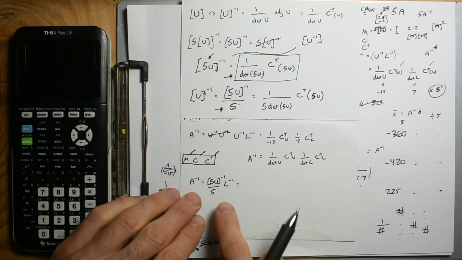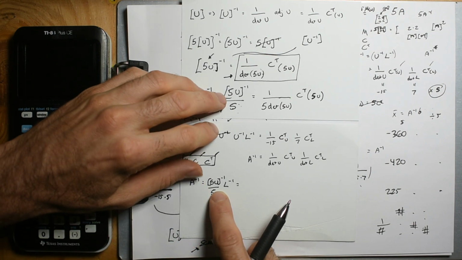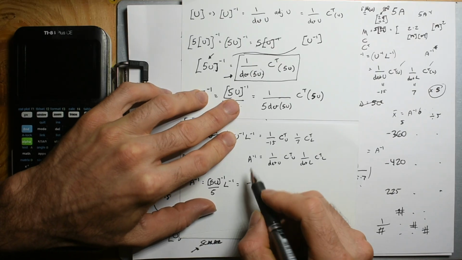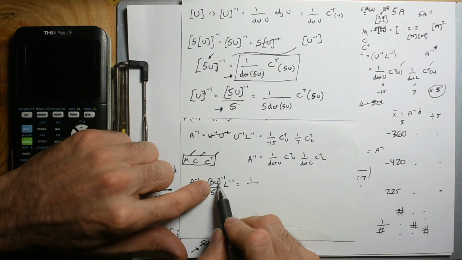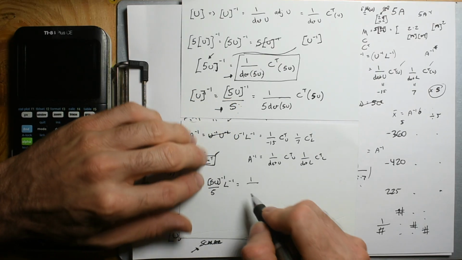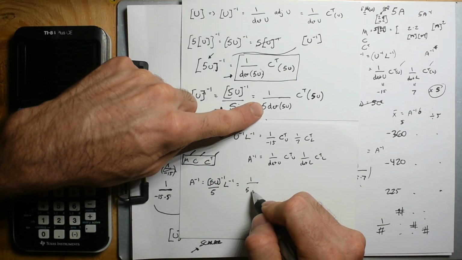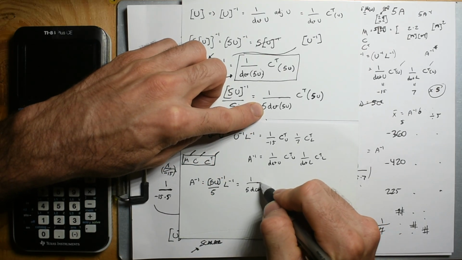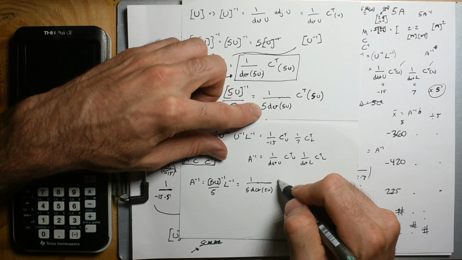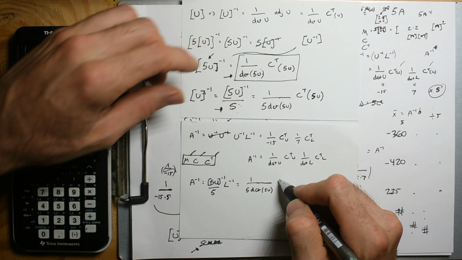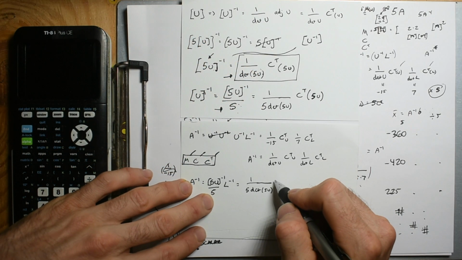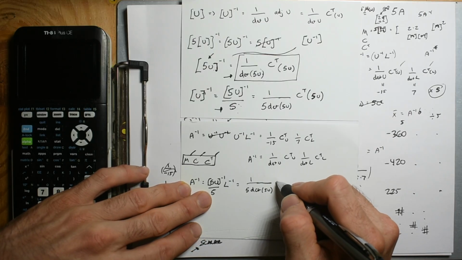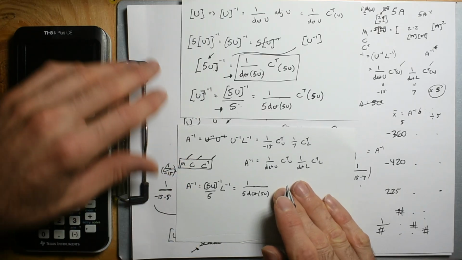All right, this shouldn't be too hard. So we have 1 divided by the determinant of 5U, and then cofactor transposed of 5U.